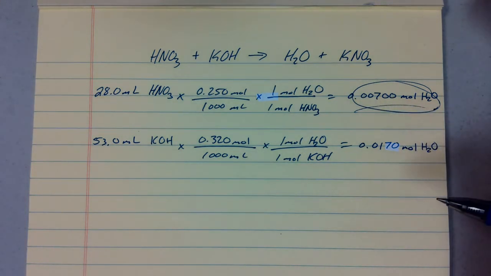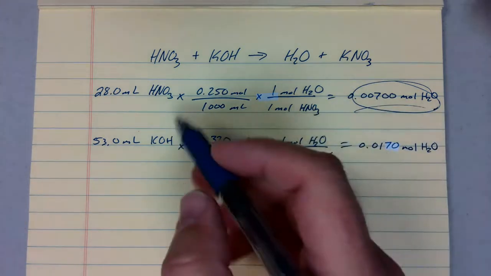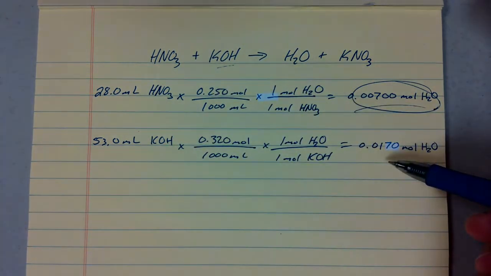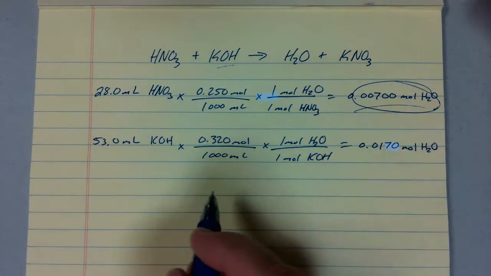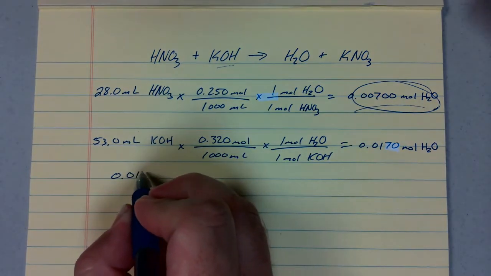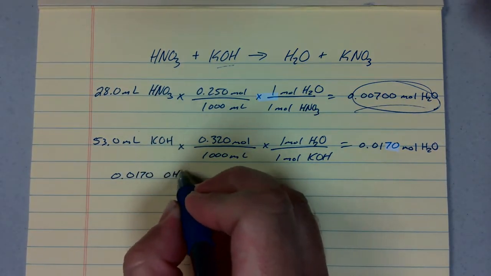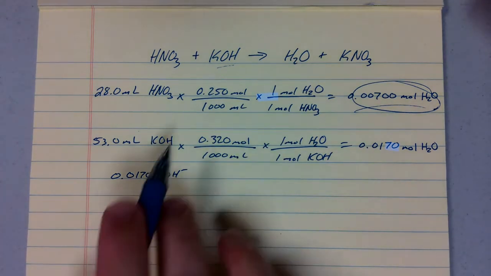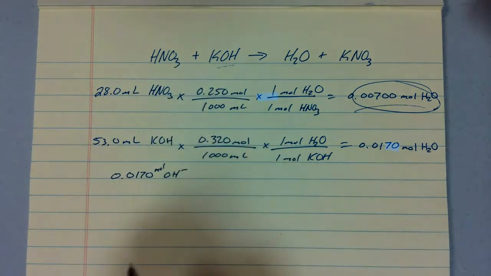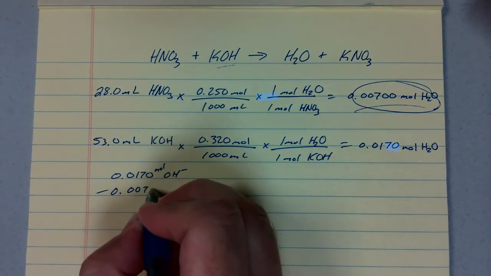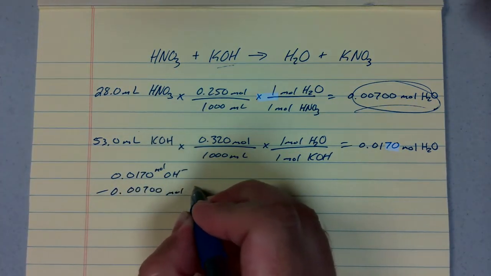Now we need to figure out what's the concentration of the excess hydroxide in this solution. So potassium hydroxide is not going to be used up. There's going to be excess hydroxide. This number here is the moles of hydroxide ions that are present before any reaction takes place. This is a 1-to-1 ratio here, so we're going to be using 0.00700 moles of the hydroxide.